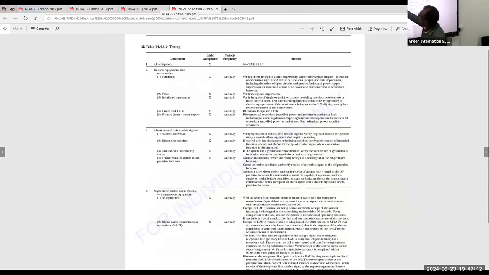So 3.1 is visual inspection, 3.2 is testing. Mostly we have more than 4 to 5 questions, especially for NFPA 72. As I told, there are 12 questions; out of these, you may get 4 questions from testing, 4 from definitions, and 4 from other details.